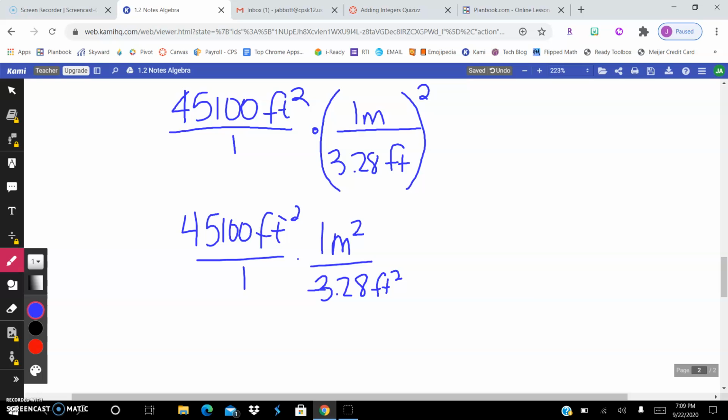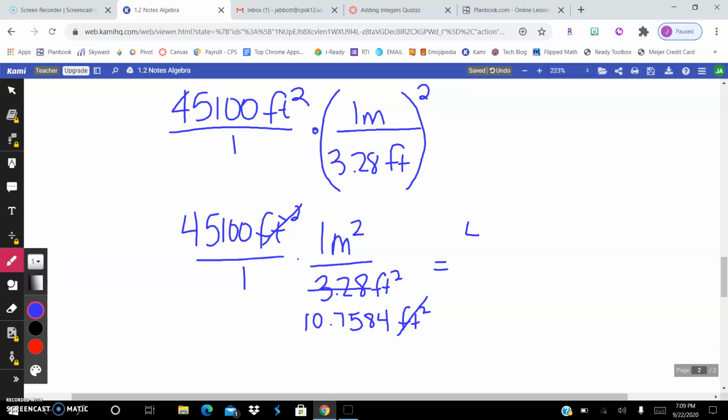When you square 3.28, you get 10.7584 feet squared. And 1 squared is 1, so we don't have to change the top number. Now our feet squareds can cancel out.